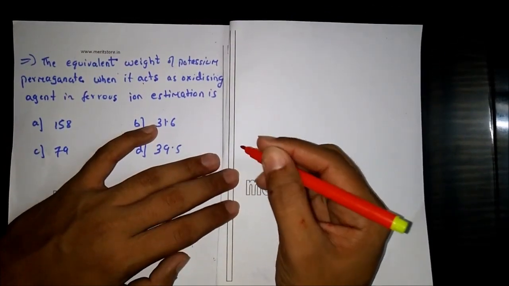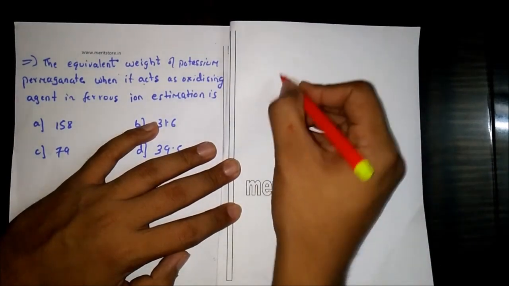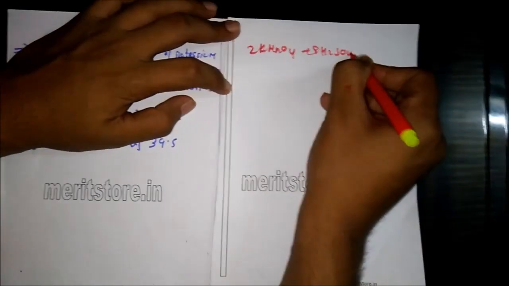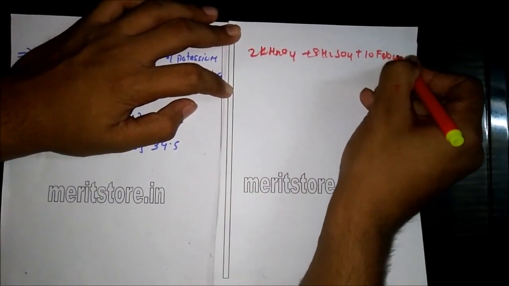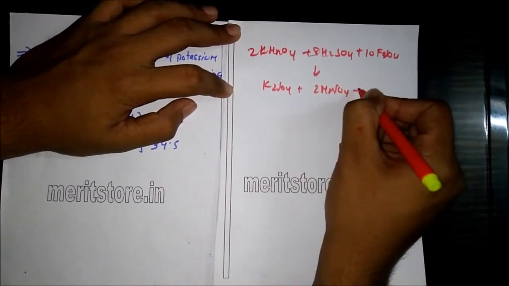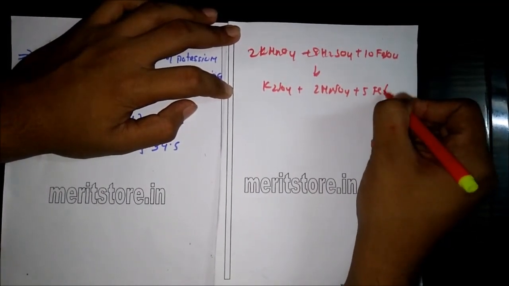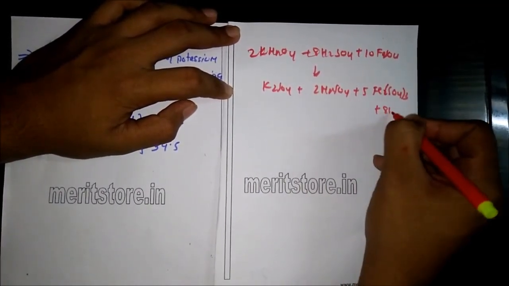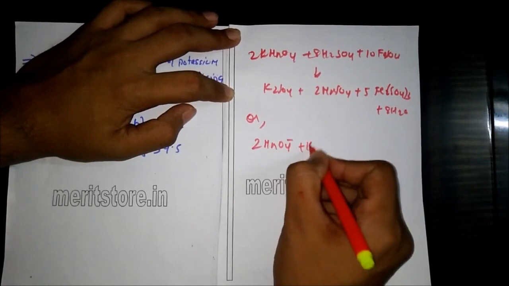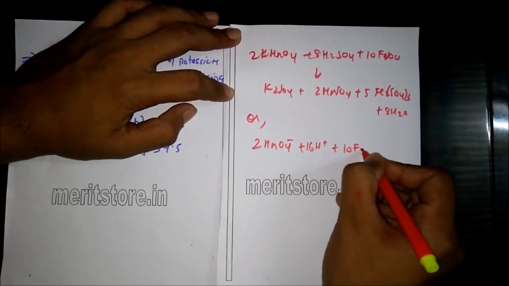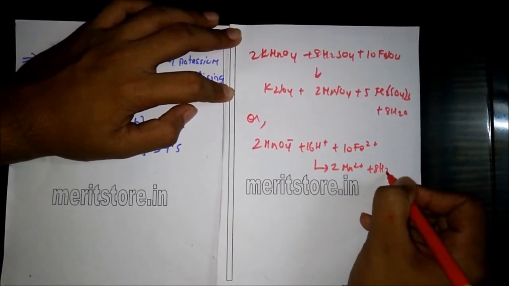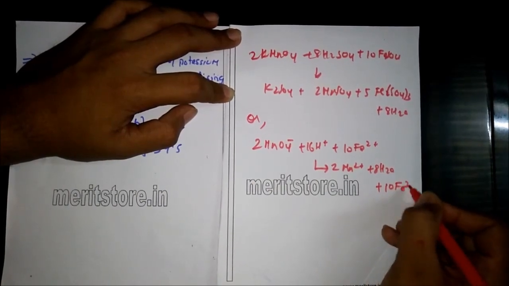Now KMnO4 oxidizes ferrous sulfate to ferric sulfate as per the equation 2 KMnO4 plus 8 H2SO4 plus 10 FeSO4 gives K2SO4 plus 2 MnSO4 plus 5 Fe2(SO4)3 plus 8H2O, or the same reaction can be written as 2MnO4 minus plus 16H plus plus 10 Fe2 plus gives 2Mn2 plus plus 8H2O plus 10 Fe3 plus.